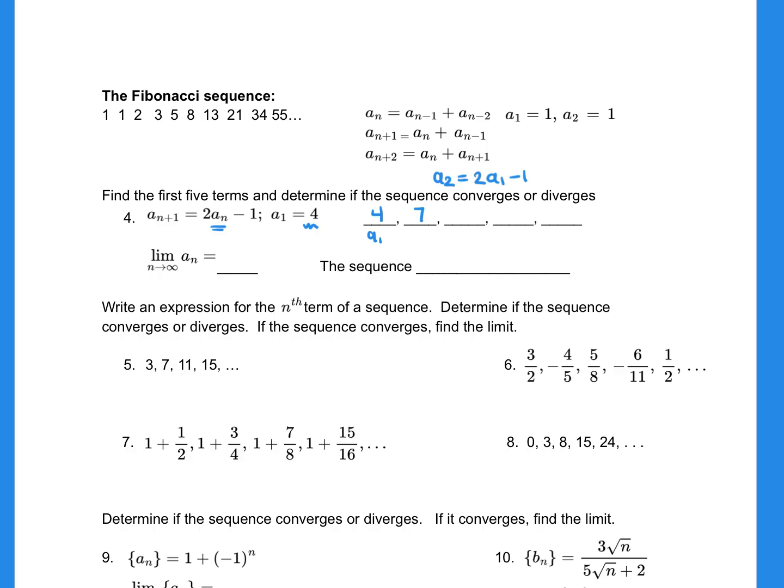And then we do it again. 2 times 7 is 14, minus 1 is 13. 2 times 13 is 26, minus 1 is 25. And so on and so forth. So as we can see, this sequence is getting bigger and bigger and bigger. It's going off to infinity. It's diverging. So the sequence diverges.